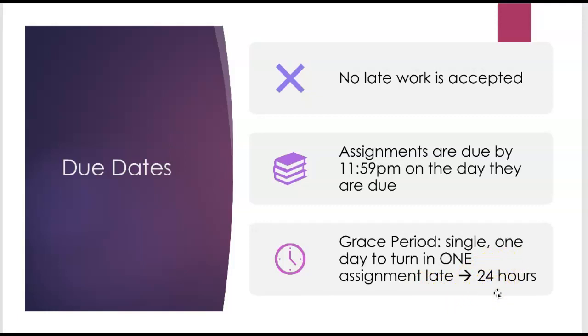So if there's an emergency, or you just couldn't finish it or whatever, I won't ask, so you don't have to tell. All you have to do is tell me that you wish to use your grace period, and you'll get an extra 24 hours for one assignment. So keep in mind there is no late work. Assignments are due by 11:59. However, you do have that grace period in your back pocket should you need it.